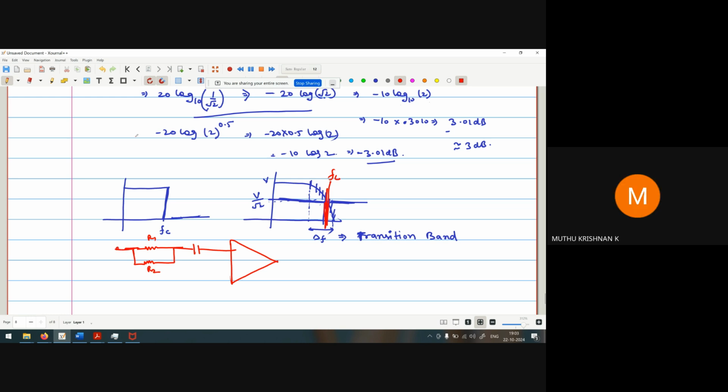Yeah, in this transition band, after the cutoff frequency, the frequencies which come after it are allowed only in a negligible amount. Amplification is not possible after the frequency.